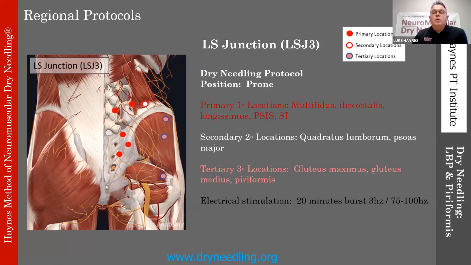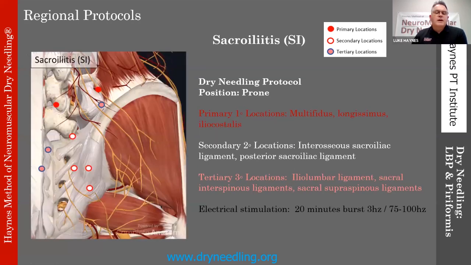So let's look at a few more of these. For sacroiliitis, something is causing that dysfunction. I find my primary location for sacroiliitis is I'm still going to drop in at L4, L5, the multifidus, longissimus, and iliocostalis. You will find across a lot of these different protocols that we are going to be needling some very similar structures.